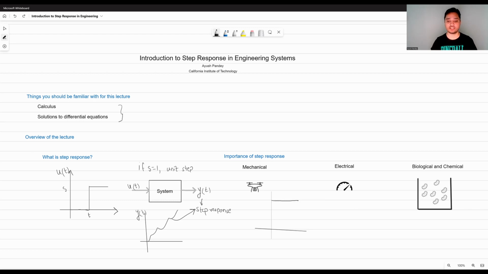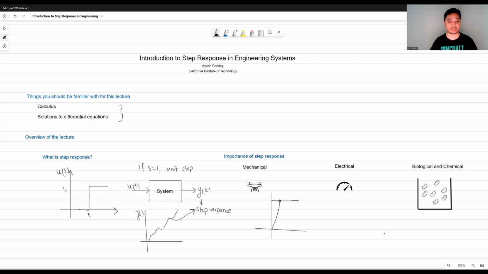So I want to reach my desired level as quickly as possible, something like that. So those are specifications that I can ask for the designer, and those could be expressed in the step response. So it is important to study the math behind how we can compute these step responses or how we can analyze the step response of various systems.